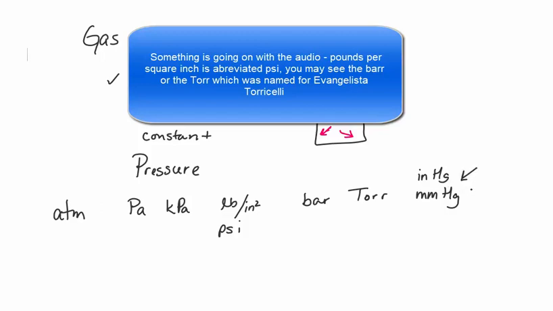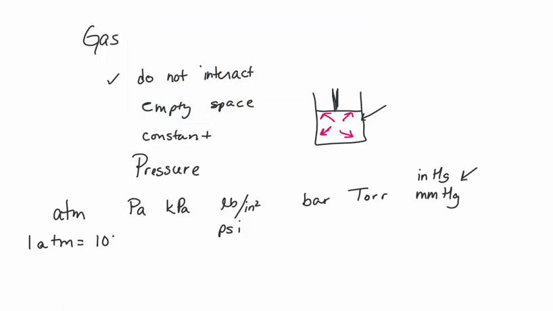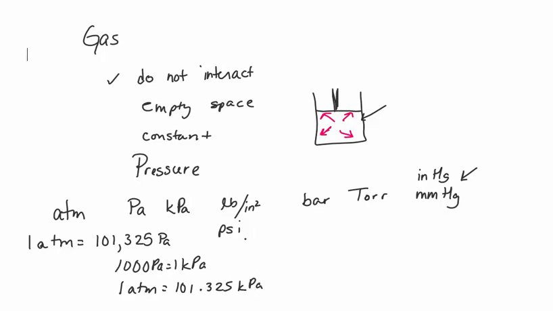Now, 1 atmosphere is defined as 101,325 pascals. I don't know why they didn't make it an easier conversion, but that's what it is. 1,000 pascals is 1 kilopascal. So that means 1 atmosphere is 101.325 kilopascals. 1 atmosphere is 14.7 psi, or thereabouts.